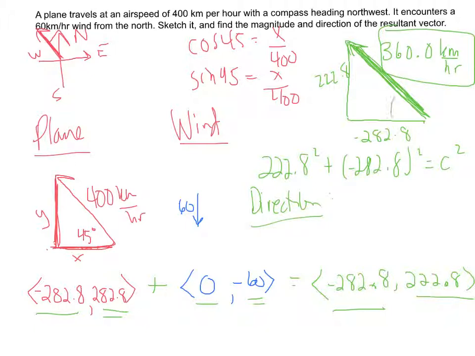we're going to find this angle, and so I'm going to do tangent inverse of 222.8 over 282.8. And when I type that into my calculator, I get 38.2 degrees.